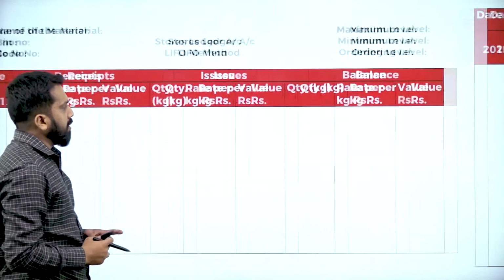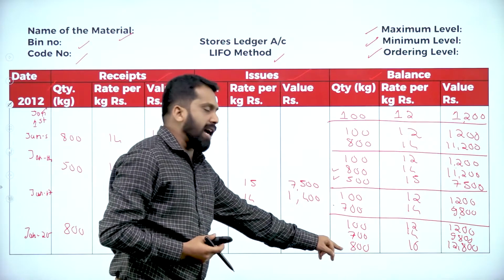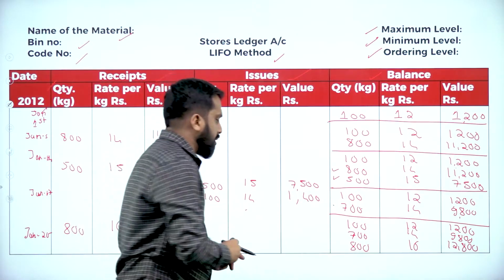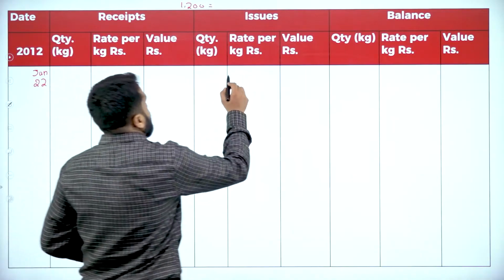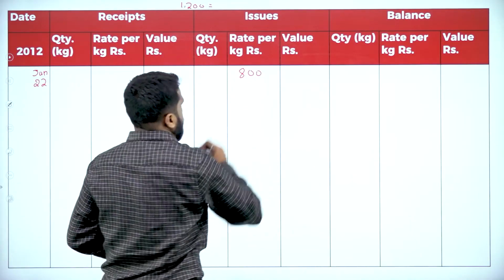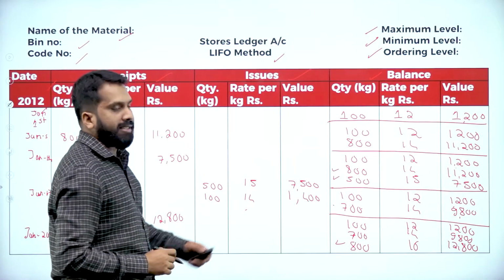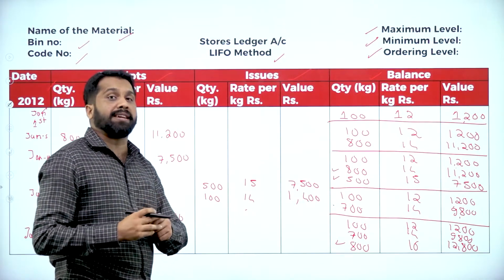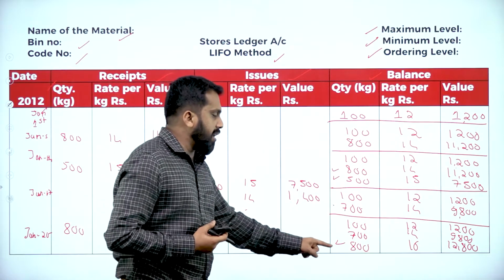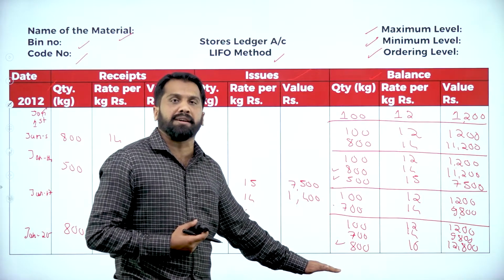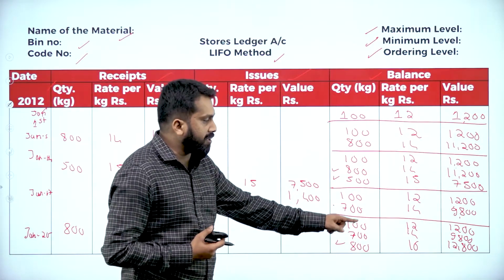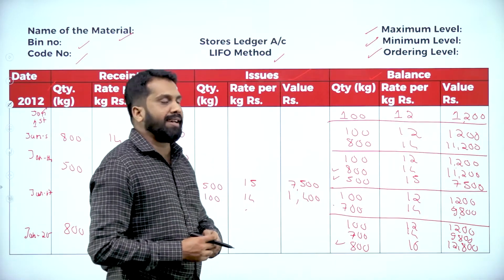How much do we have? We have 800 first. Take 800. In the issue column, 800, and the value is 16. Why have we taken 800? Because we are doing the LIFO method. Always go for the last one. 800 into 16, 12,800.